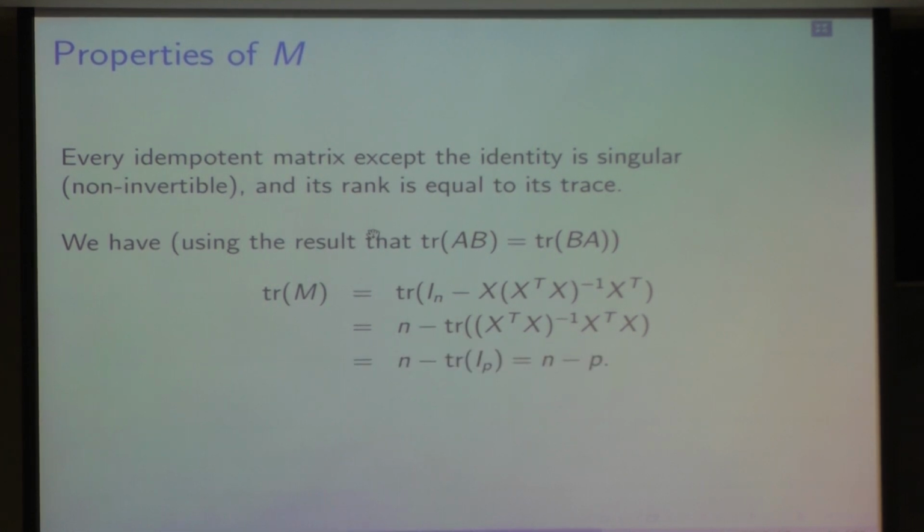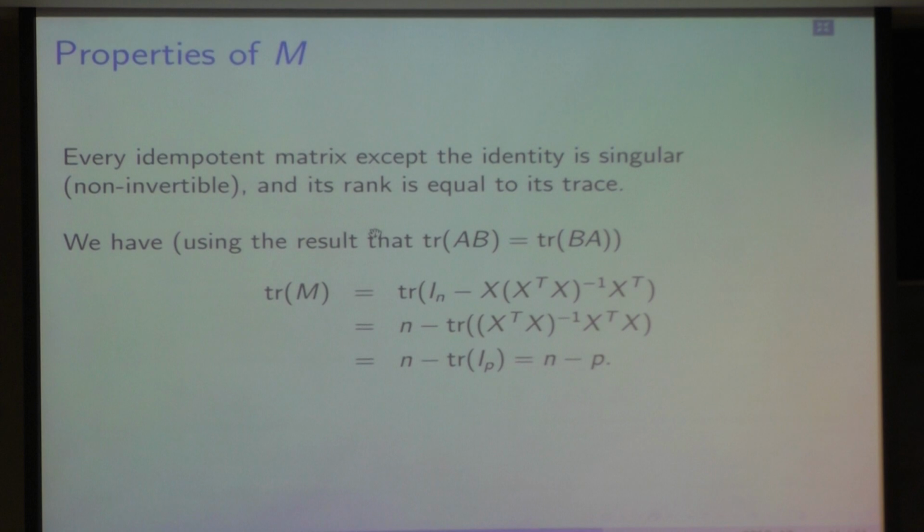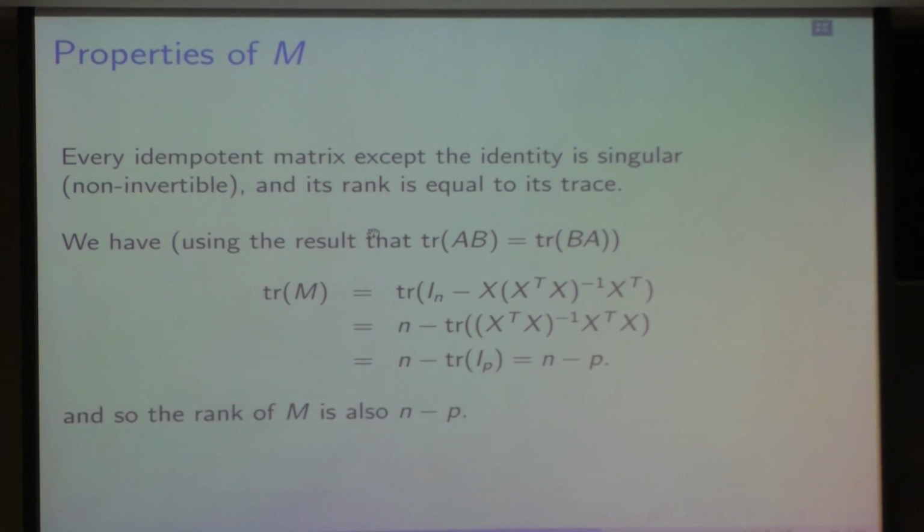So we're actually getting the trace of the p-dimensional identity matrix, which is p. So we've got the trace of the n-dimensional identity matrix minus the trace of the p-dimensional identity matrix. So the trace of M turns out to be n minus p. Okay? Now, that allows us to conclude that the rank of M, the number of linearly independent rows of M, is also equal to n minus p.